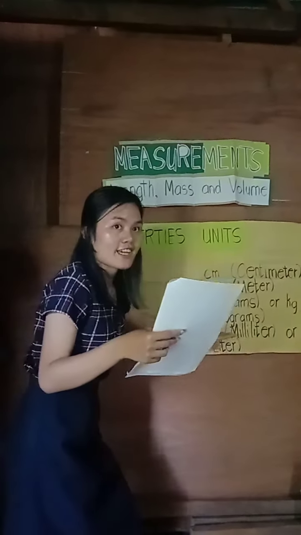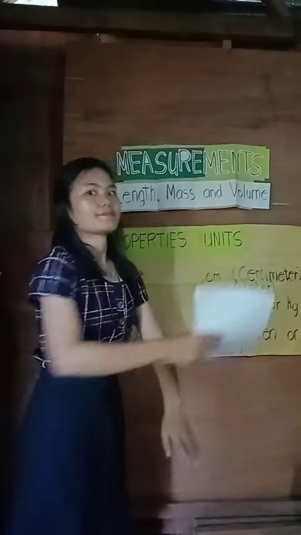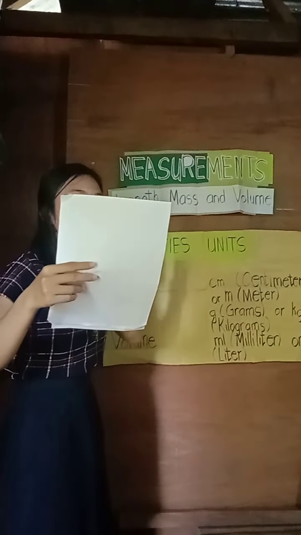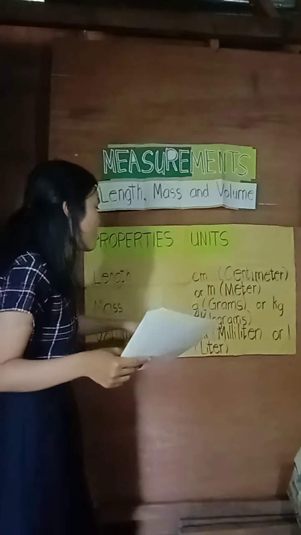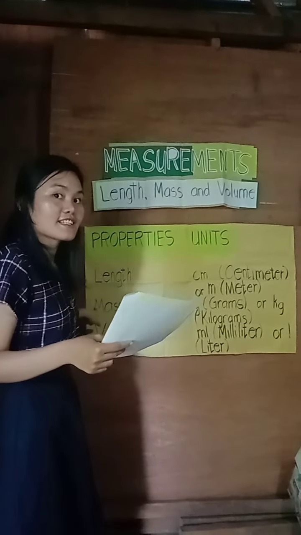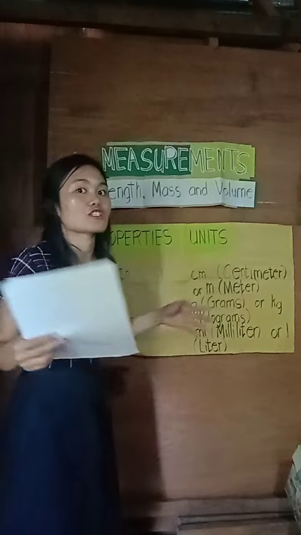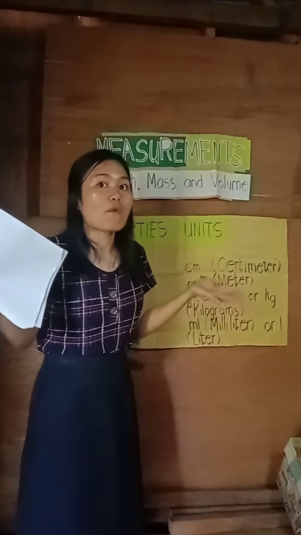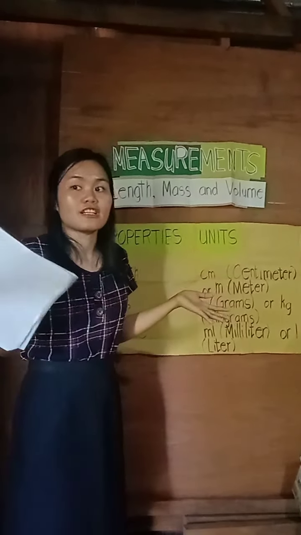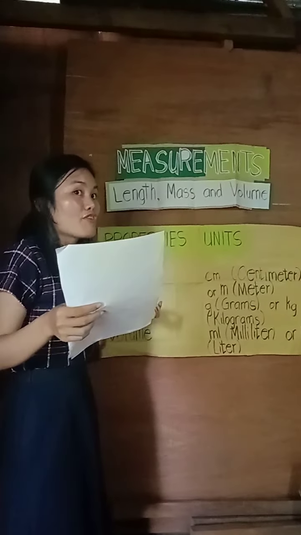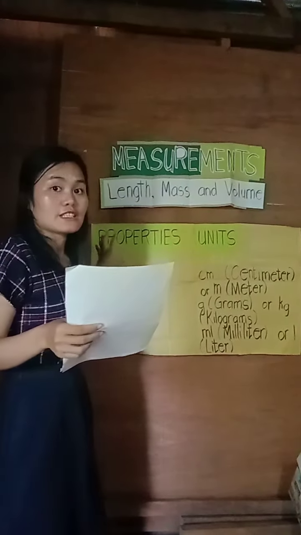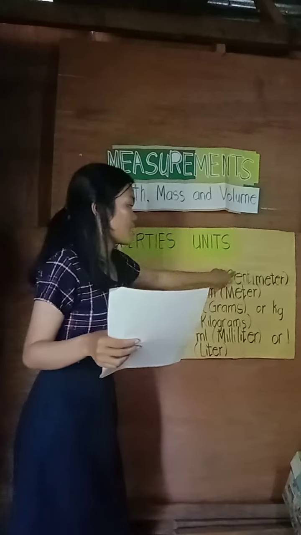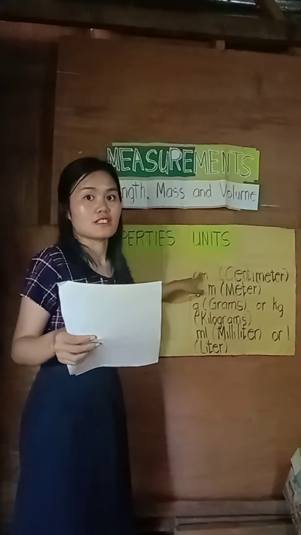Okay, so X. Letter C, 8 kilogram. Kilogram falls to the mass. We are not measuring how heavy the basketball court is. We are measuring the length. So it falls to centimeter and meter.